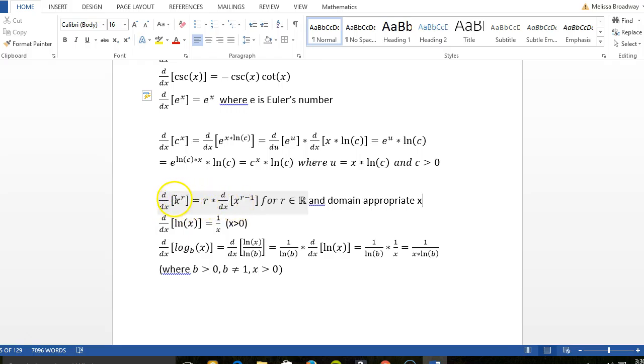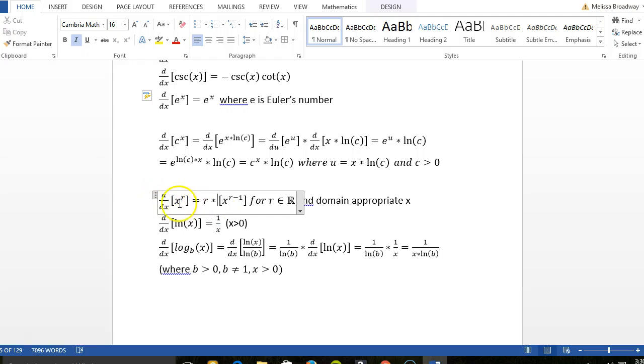Okay, what have we done here? This is important. We brought down the r, and then we subtracted 1 off the exponent. And you know what? Did I mess up? I sure did. We don't want d by dx, the whole point is to get rid of d by dx.